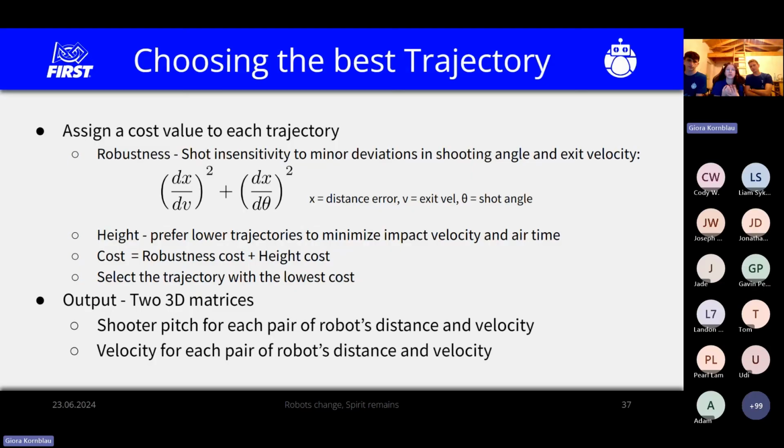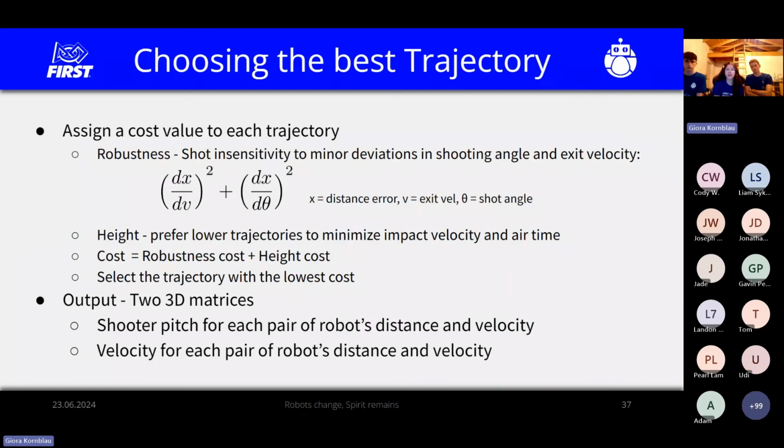But apart from this robustness, we also have the height, which we are also accounting for, because we would prefer lower trajectories, because with higher trajectories the ball would have more velocity getting into the target and it might bounce out. And we, of course, do not want that. So we would prefer lower trajectories, but with this robustness, the lowest trajectory is also not our best trajectory.